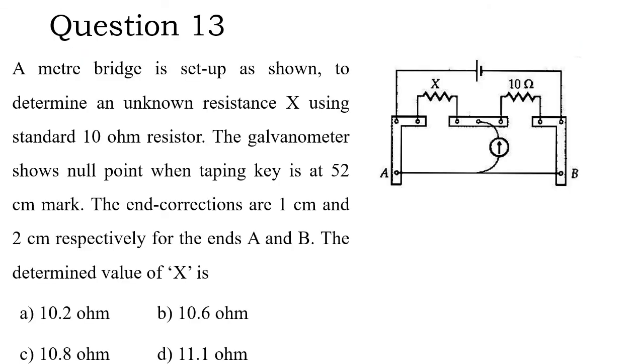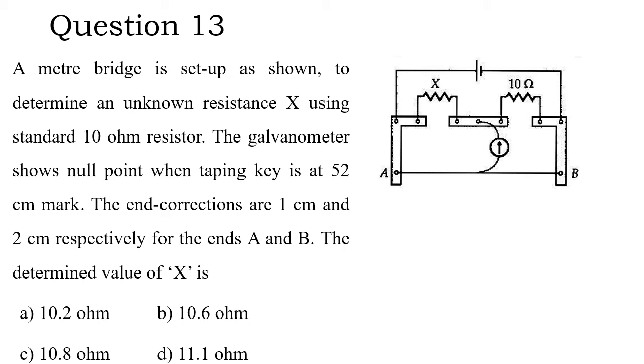Question number 13. A meter bridge is set up as shown to determine an unknown resistance X using standard 10 ohm resistor. The galvanometer shows null point when tapping key is at 52 centimeter mark.